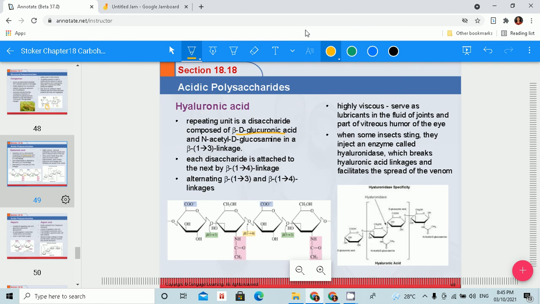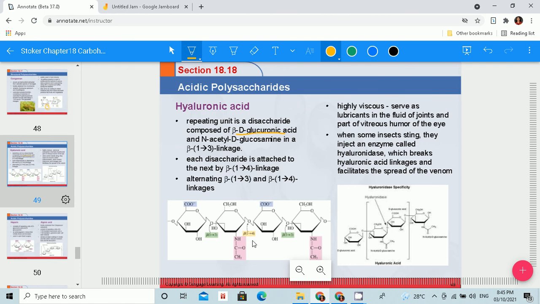It is where the alcohol part of our glucose was oxidized, forming glucuronic acid, and also N-acetyl-D-glucosamine in a beta 1,3 linkage.